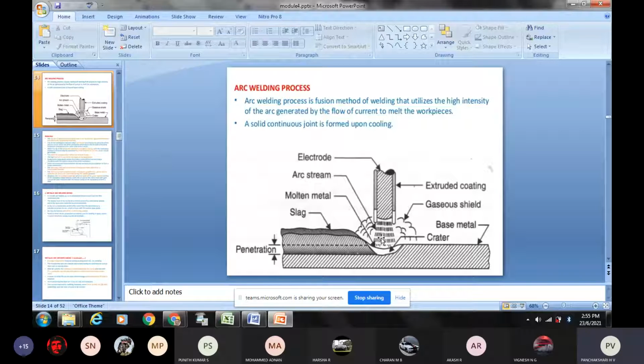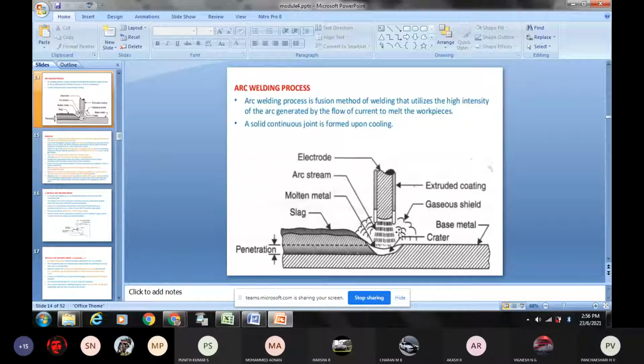Because of this jumping of electrons, a severe amount of heat is generated at a limited location. Because of that, enormous heat is generated and the metal melts in that particular region. Hope all of you understood this. Once the metal melts, as I already told, metal A and metal B both melt. Then cooling of those two pieces takes place together. That is called joining.